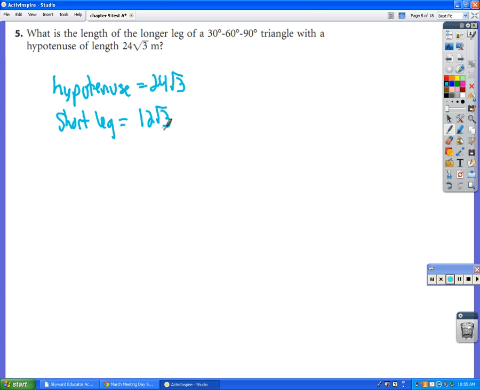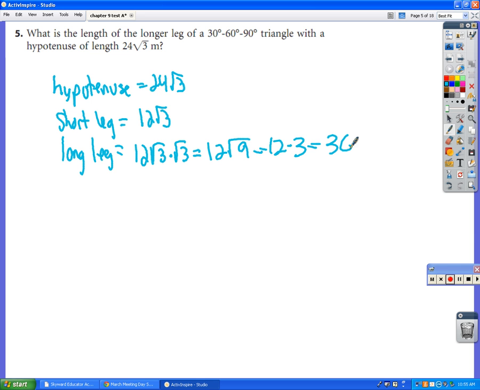And then this kind of freaks some people out, because then what do you do to get the long leg? You multiply it by root 3, so you can go 12 root 3 times root 3. But what is the square root of 3 times the square root of 3? It's going to be the square root of 9. So it would be 12 times the square root of 9, but the square root of 9 is just 3. So final answer, 36.